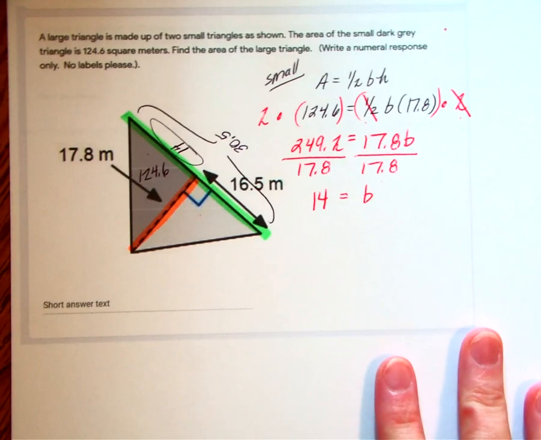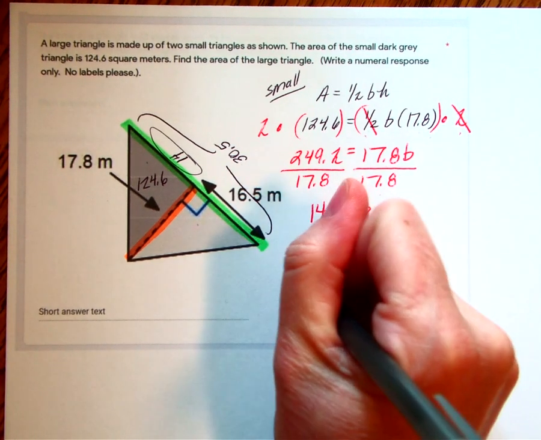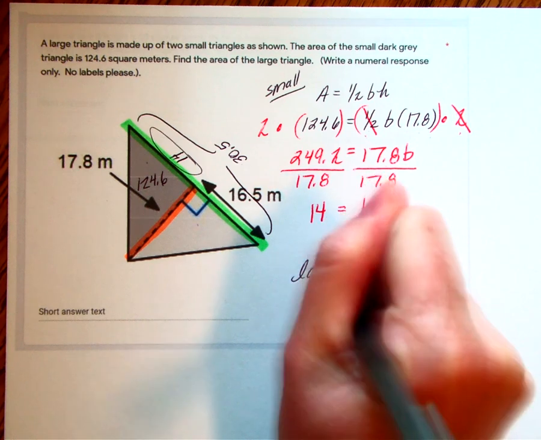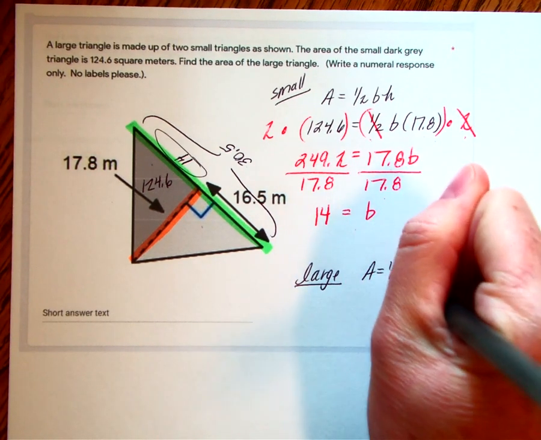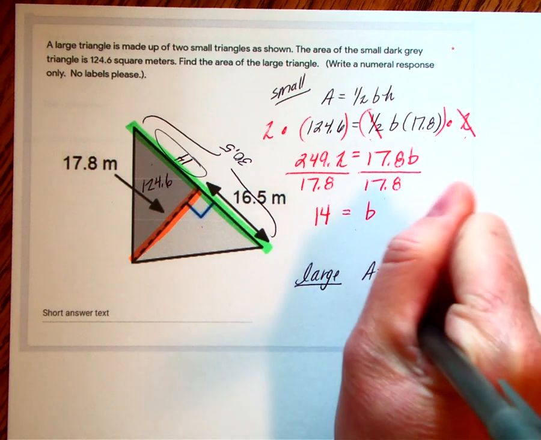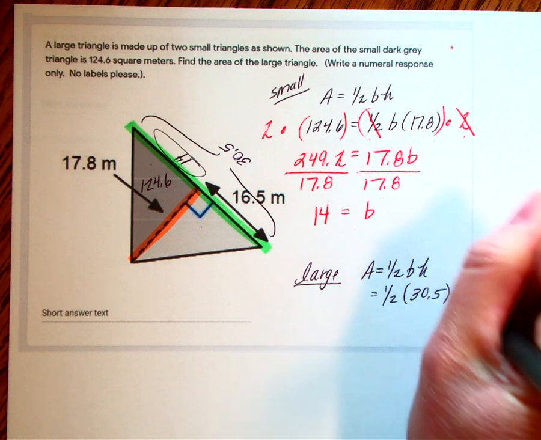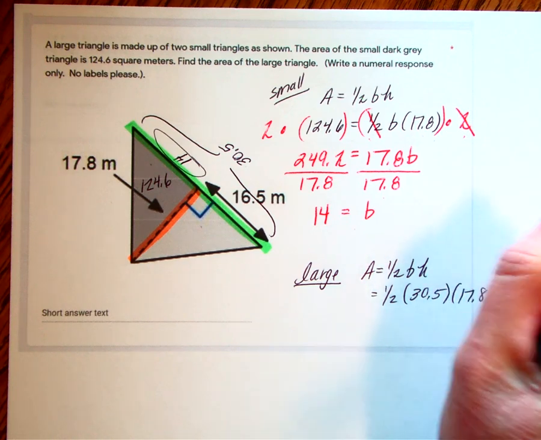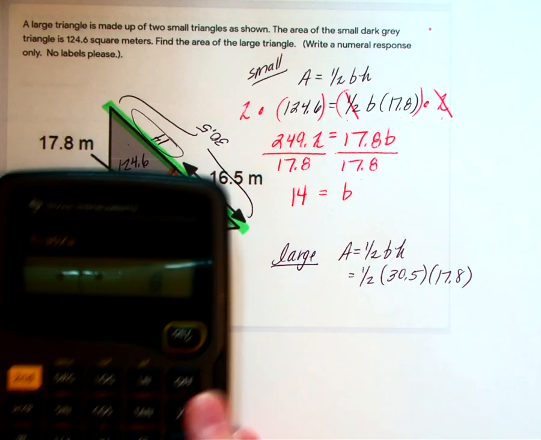Flip, flip, flip. So area formula is unchanged, 1/2 base times height. I just discovered my new base is 30 and 5/10. My height is 17 and 8/10. I'm going to take all that information and pop it in my calculator.